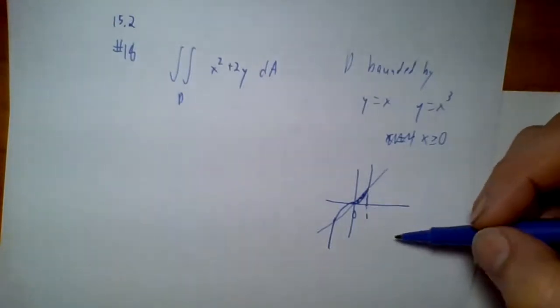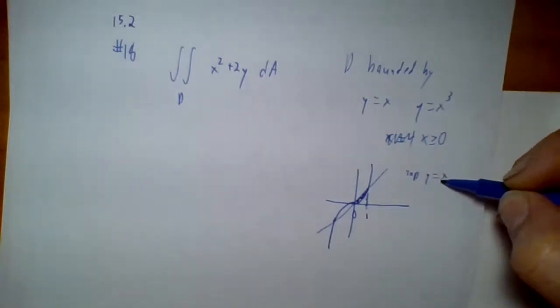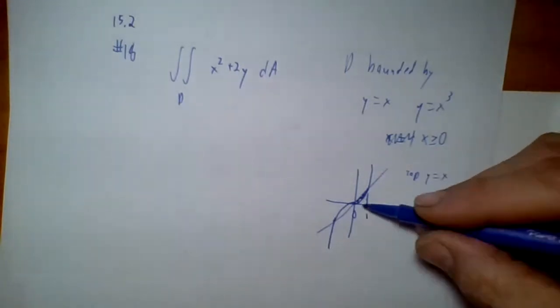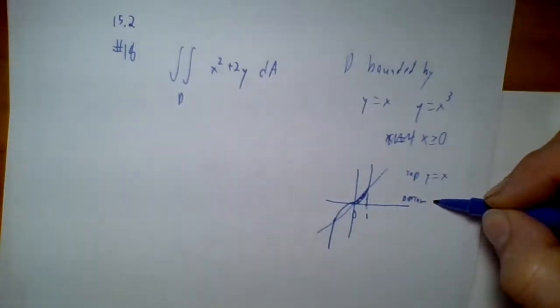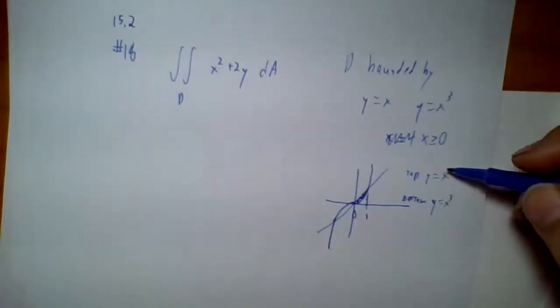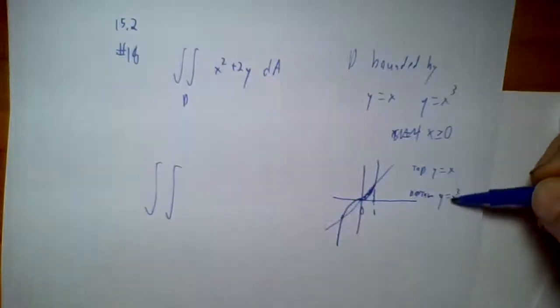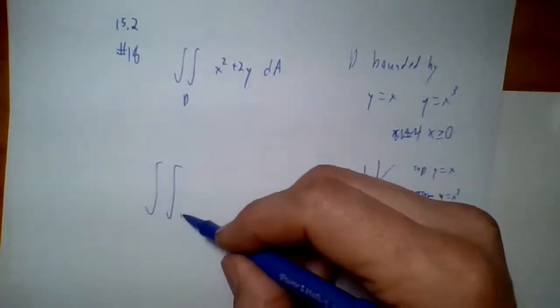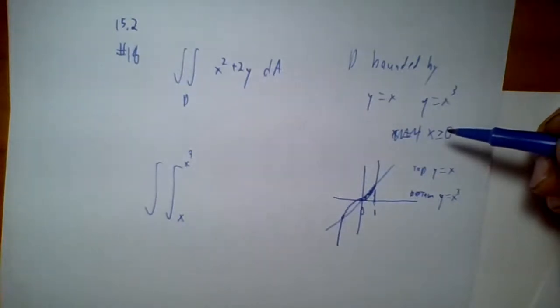So I've got a top and a bottom again. Top is y equals something, a function of x, and the bottom is y equals x cubed. So I could set it up this way. If my top and bottom are functions of x, then I've got to go from bottom to top.